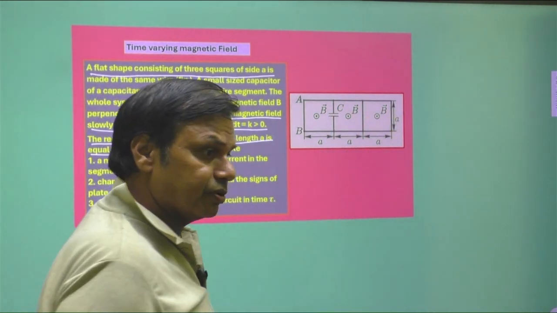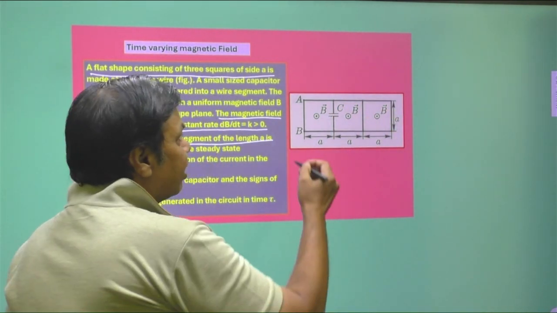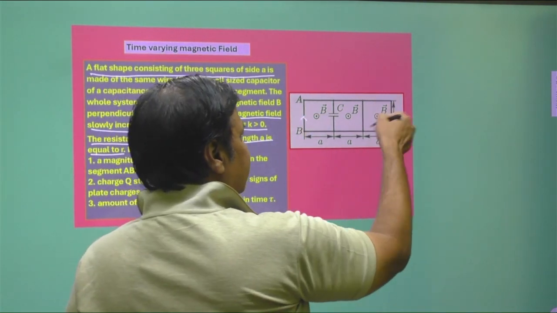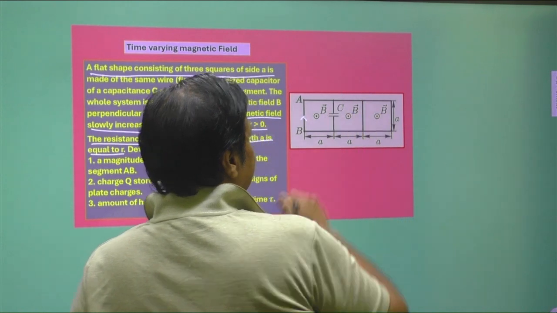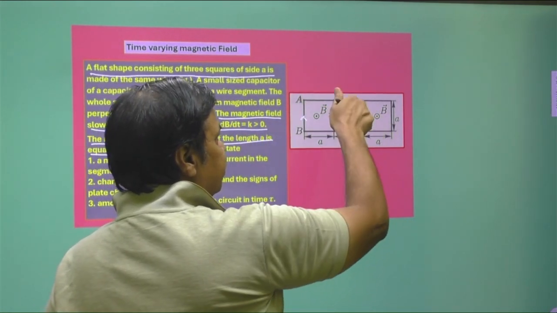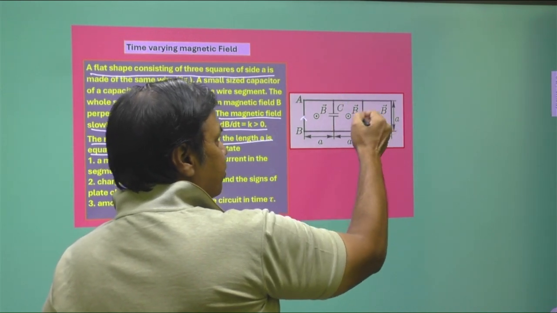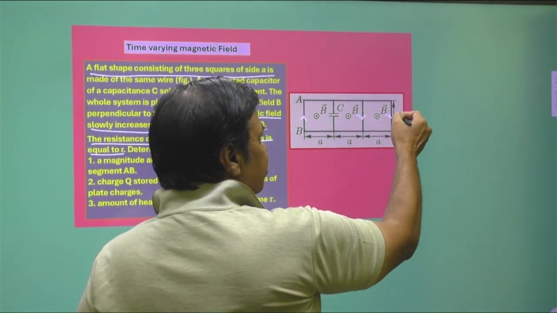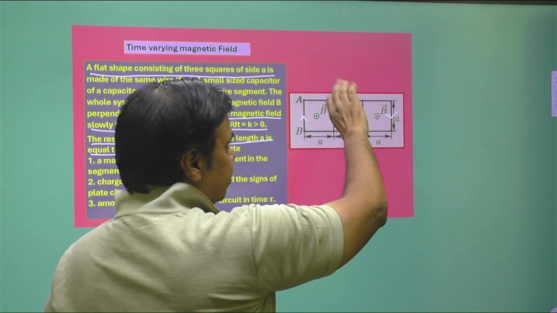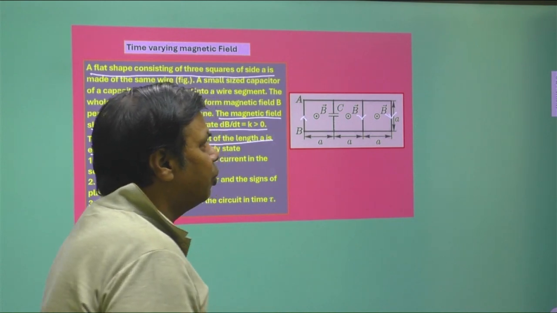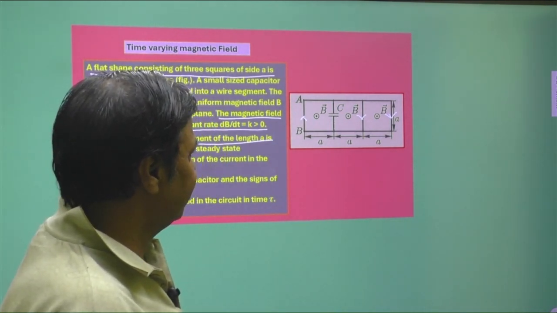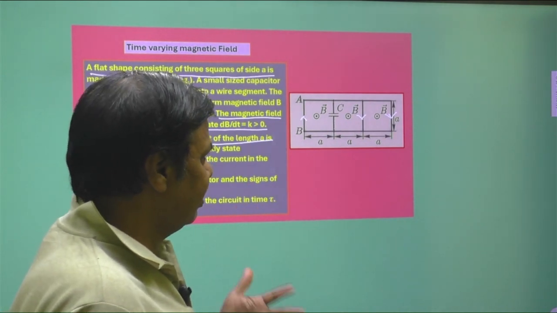So the direction of current is, well, I think, in this loop the current will flow like this, and in this loop the current is going to flow like this. I'm thinking loop wise.